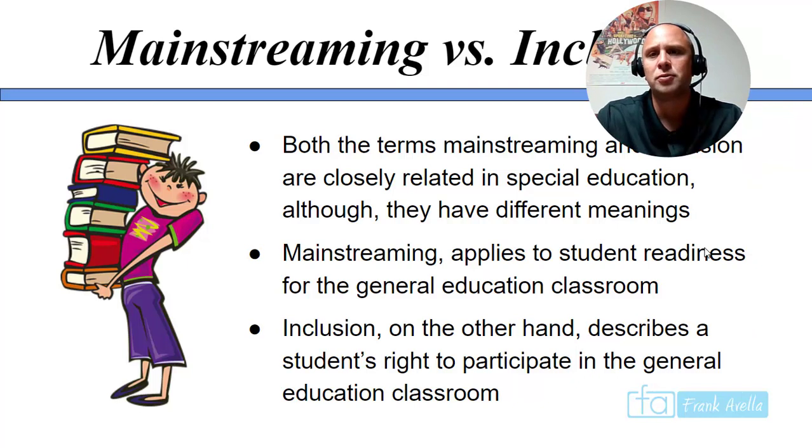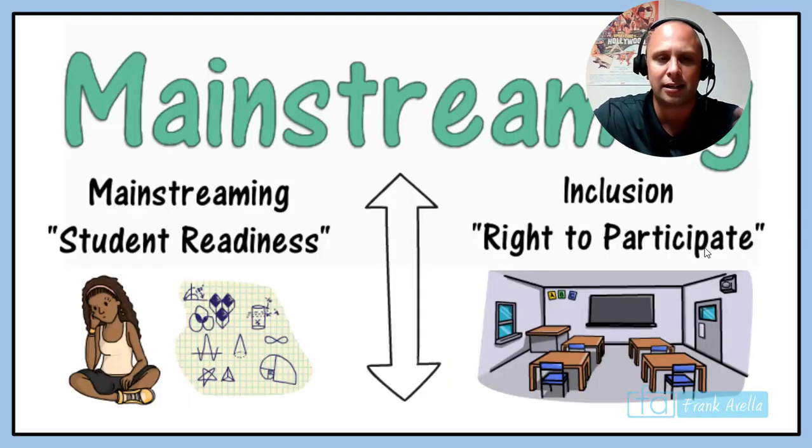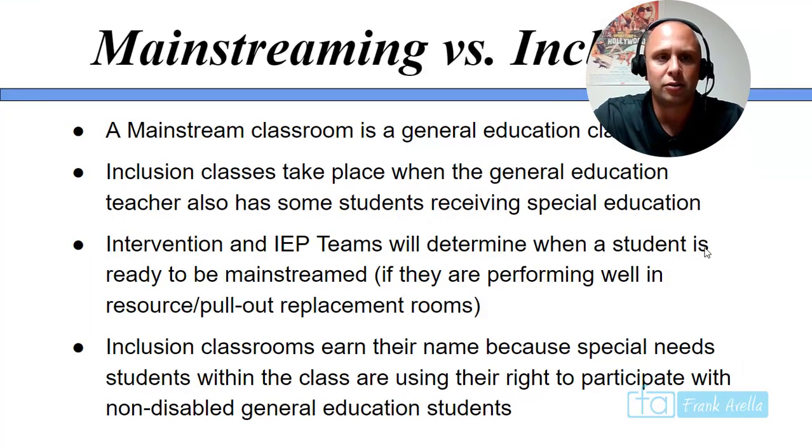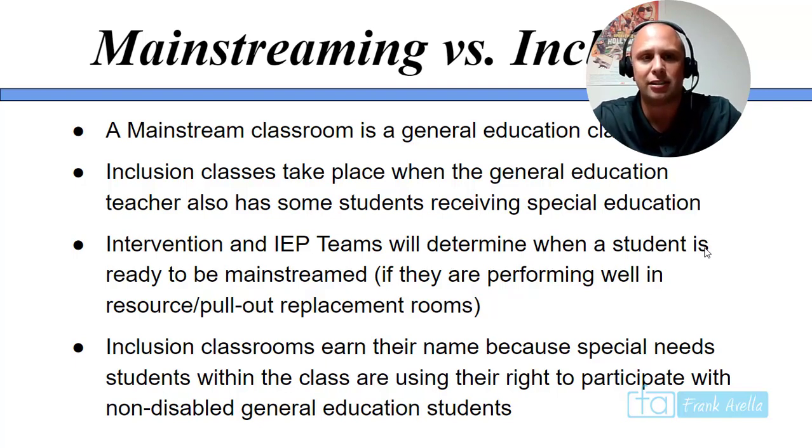Both the terms mainstreaming and inclusion are closely related, but the meanings are a little bit different. Mainstreaming applies to the readiness to enter the general education classroom, and inclusion describes the right to participate. A mainstream classroom is a general education classroom. Inclusion classes take place when the general education teacher also has some students receiving special education.